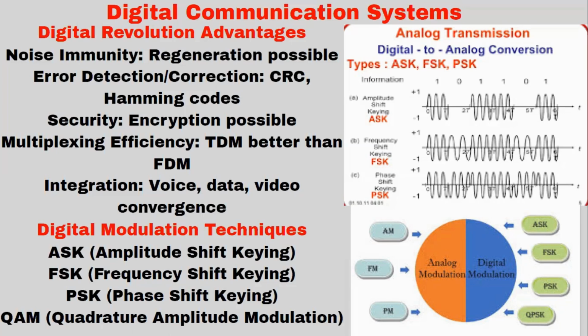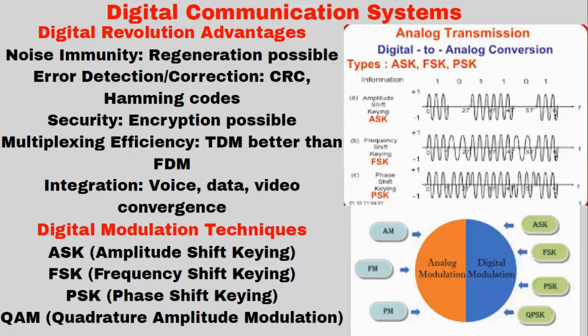Security-wise, encryption is possible. Multiplexing efficiency: TDMA, time division multiple access, is better than FDMA, the previous technology. Then integration. Please remember, integration means voice, data, video, and convergence. These are the integration part of the digital system.